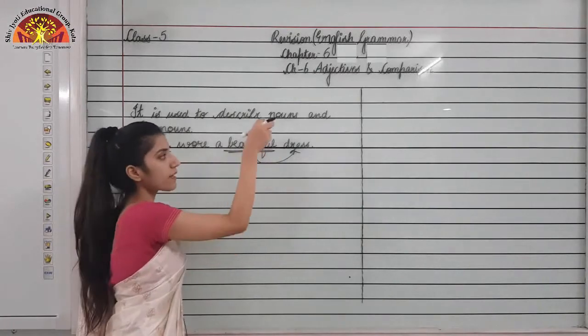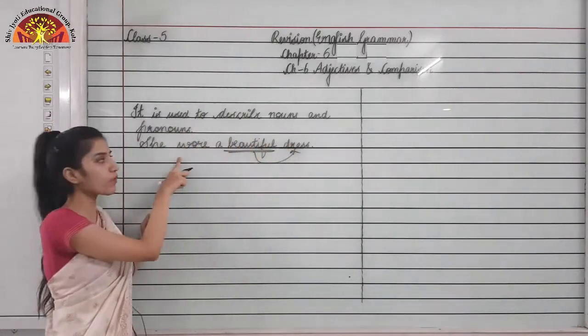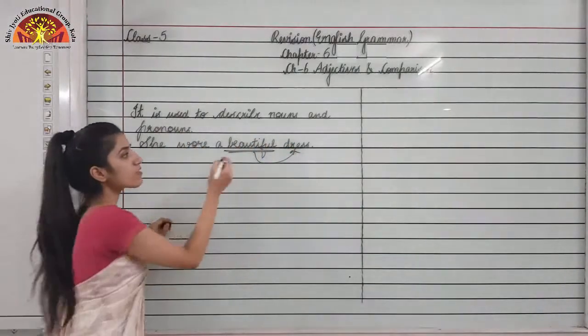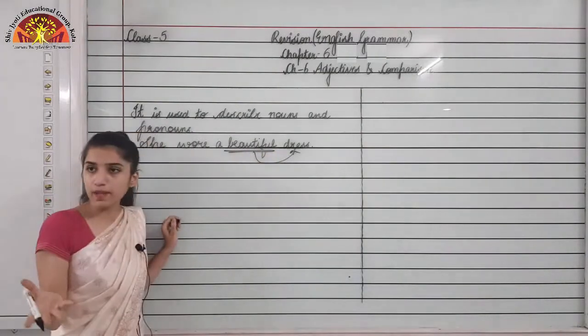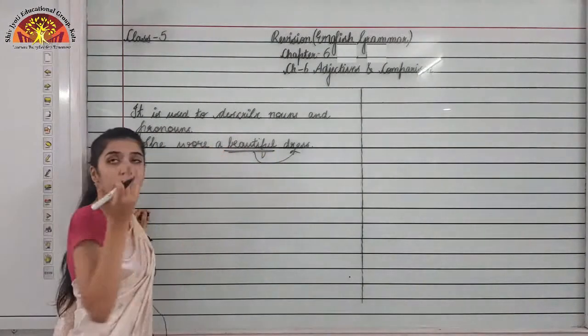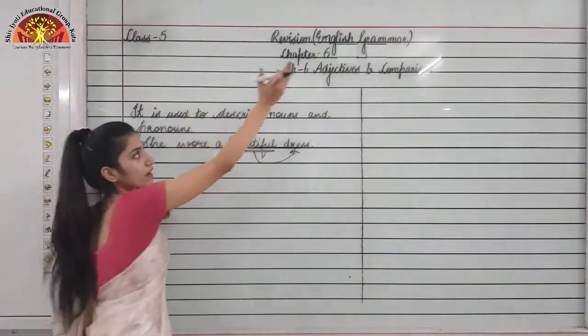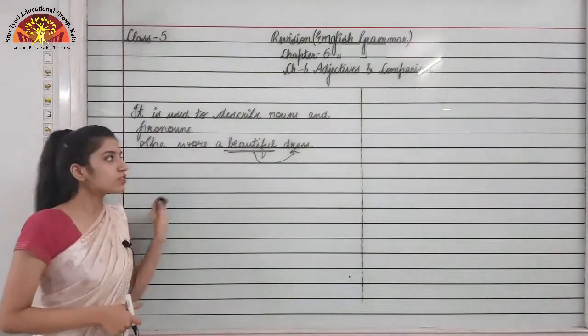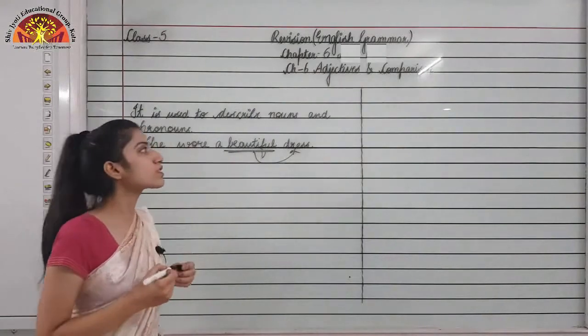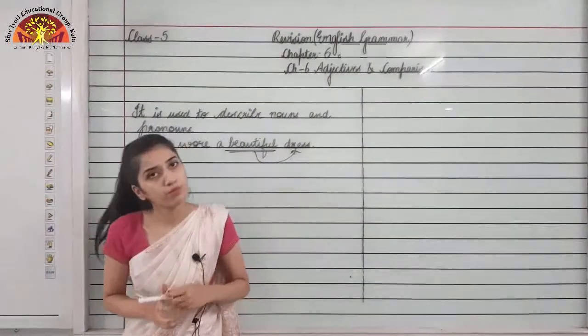This is describing the dress she is wearing, right? So this is a describing word, and describing words that describe nouns or pronouns are adjectives. It is used to describe nouns and pronouns.